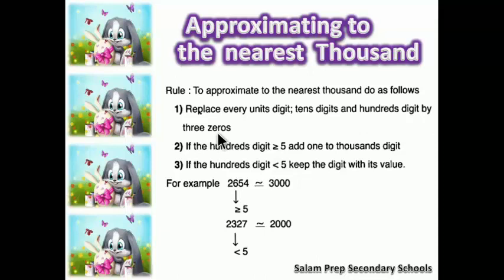Okay, 0 in units, 0 in tens, 0 in hundreds. The second one, if the hundreds digit is greater than or equal to 5, add 1 to the thousands digit. The third one, if the hundreds digit is smaller than 5, keep the digit with its value.